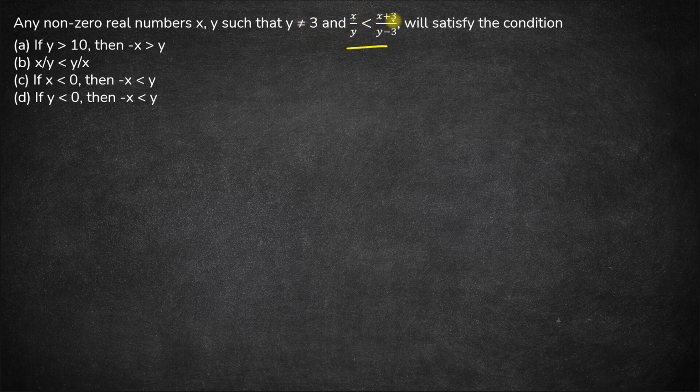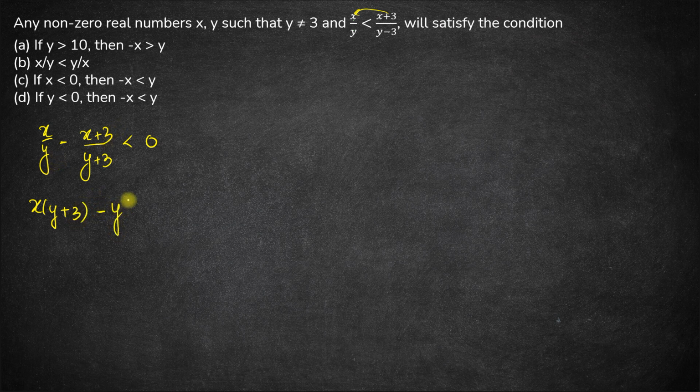Now to solve this inequality we first bring this term on the left hand side. So we have x upon y minus (x+3) upon (y+3) is less than 0. Now taking LCM, x into (y+3) minus y into (x+3) upon y into (y+3) is less than 0.